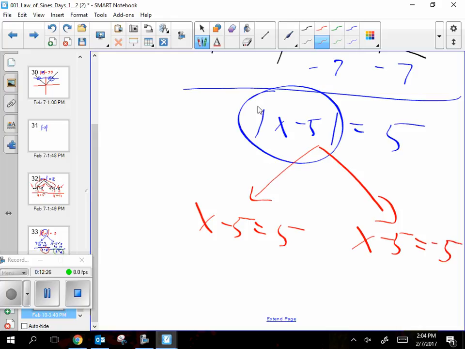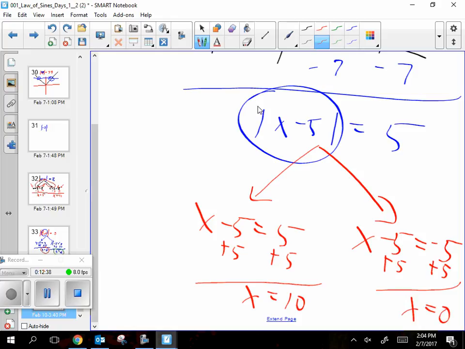And then I just solve those two little mini equations. So I say 0 actually could work. Watch. When I put in a 0, the absolute value of negative 5 is 5. It actually works. See?